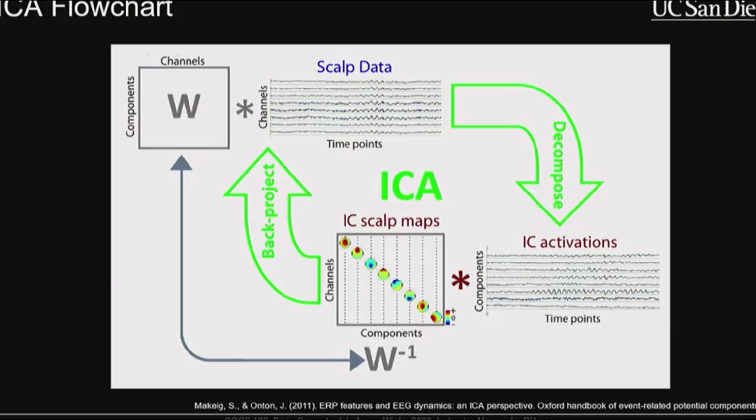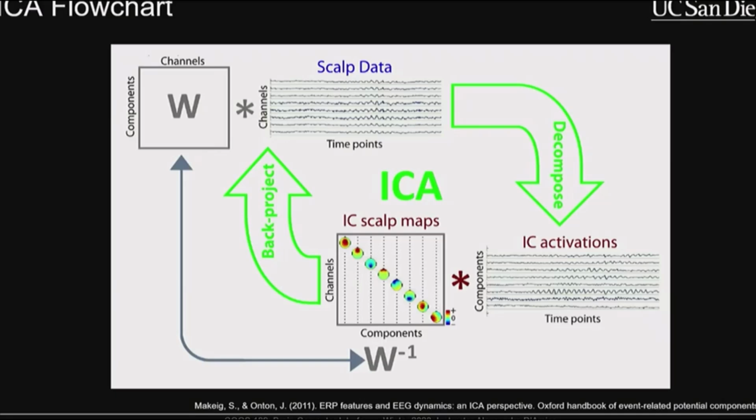Good question. The question was essentially, if ICA doesn't have any spatial or temporal information, how is it able to learn these spatial filters and separate them into temporal things? So when I say it doesn't know spatial information, what I mean in this case is that the algorithm doesn't really care or know exactly where in real space these channels are, but it does learn the individual weights of each of the sensors.